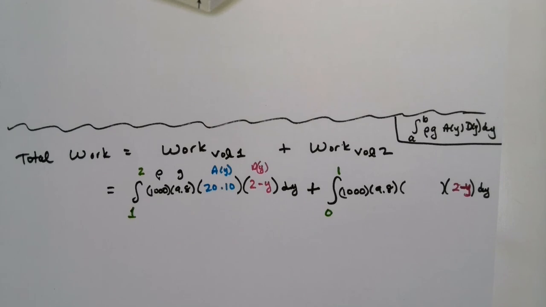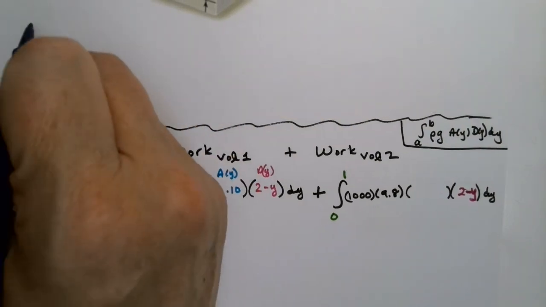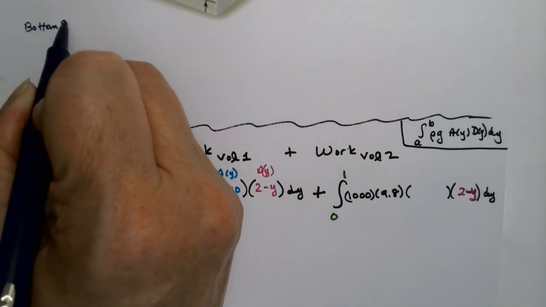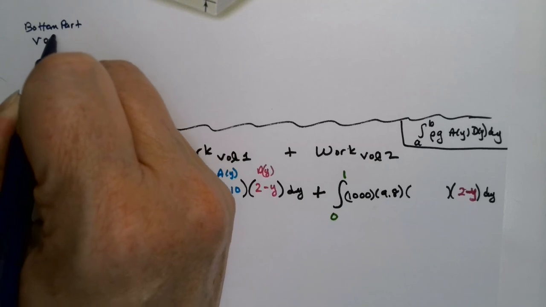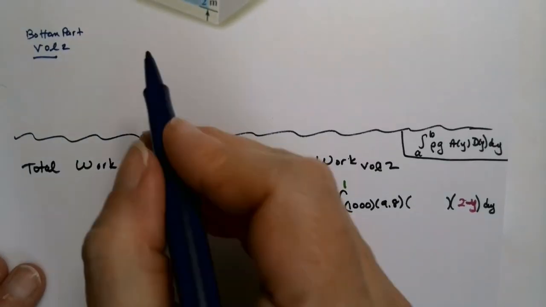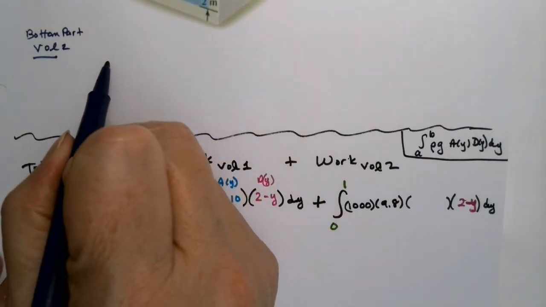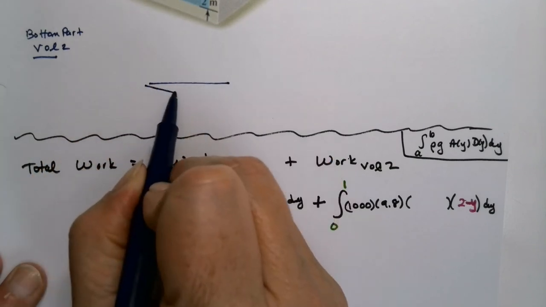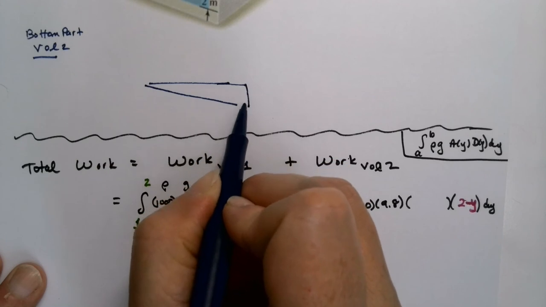So let's look at kind of a cross section, the bottom part of the pool. Let's look at it again. I'm not going to draw it to scale here, so just bear with me. If you think of this side right here, right?